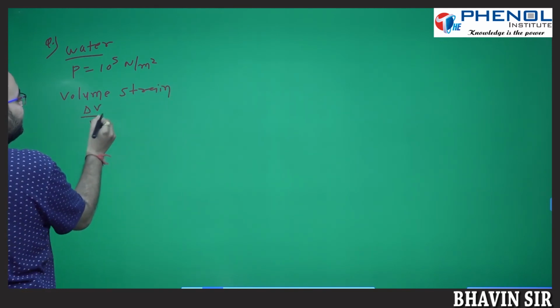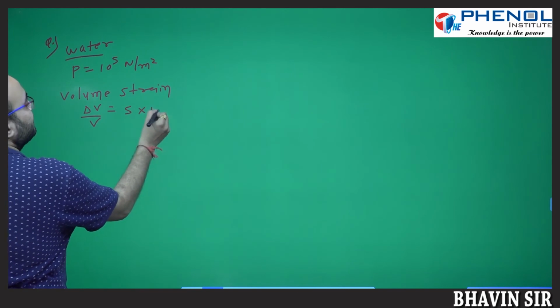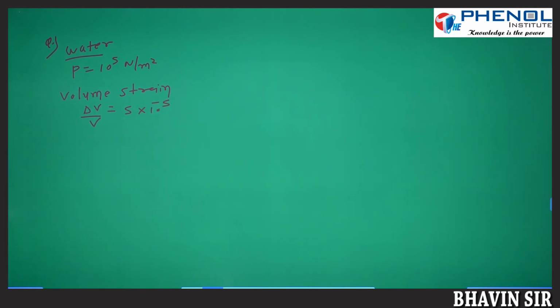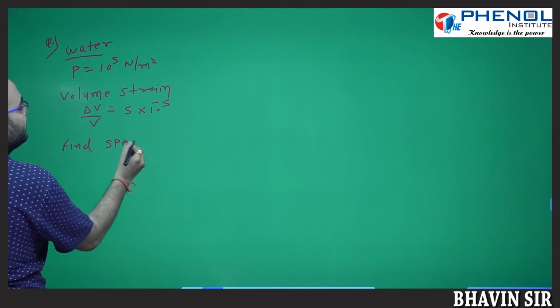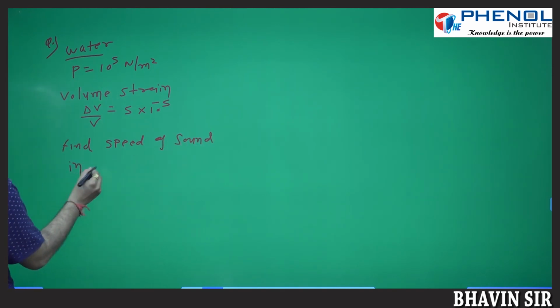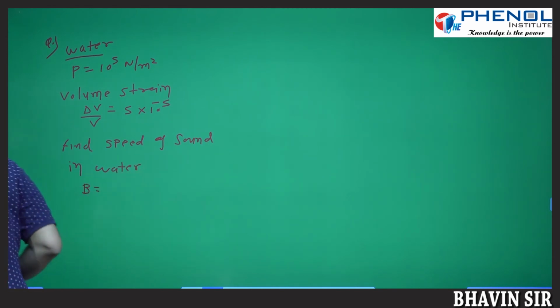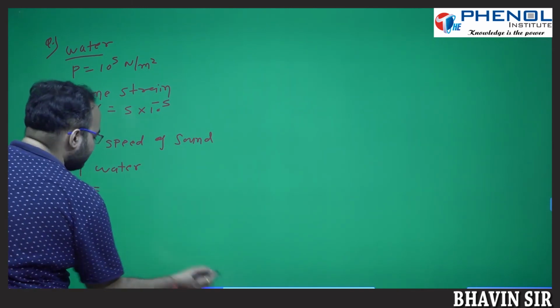Volume strain means delta V by V. The volume strain is 5 into 10 raised to minus 5. Determine the speed of sound in water. Find the speed of sound in water. And for water, what is the bulk modulus? What is the density of water that we know? 1000.